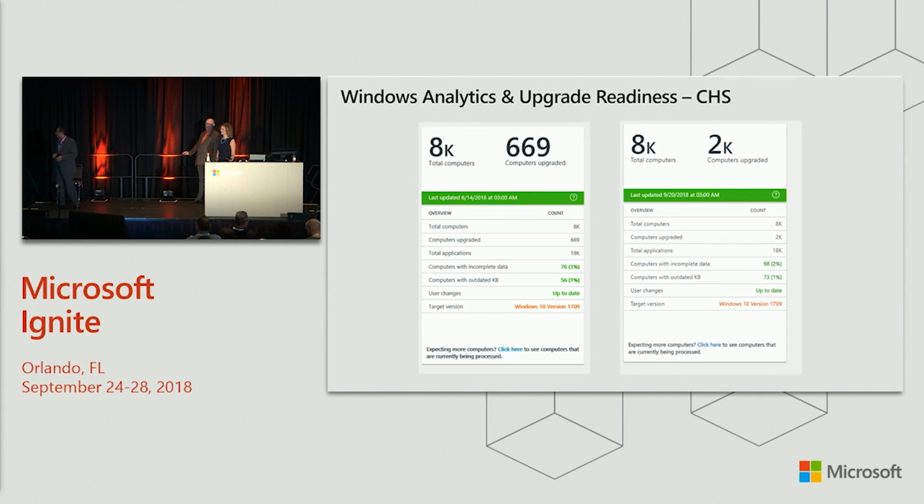That's what the first picture shows. We only had 669 computers upgraded at first, and then we continued using upgrade readiness to push out more and more systems and upgrade them to Windows 10. That's a second snapshot you'll see with 2,000 computers.